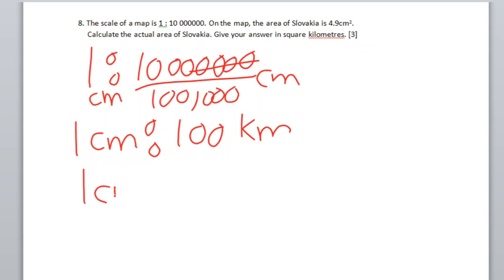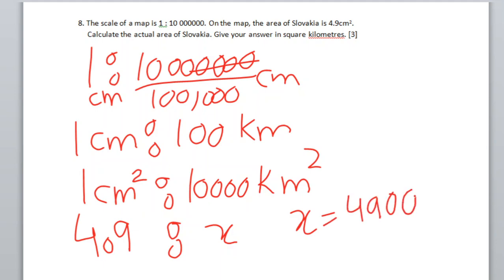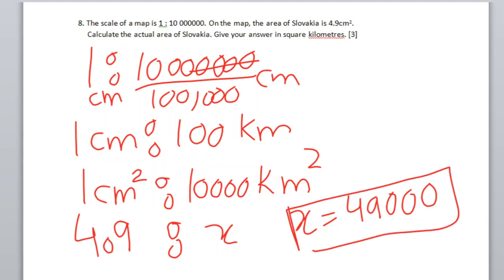So square both sides. 1 centimeter square ratio 10,000 kilometers square. Write 4.9 underneath 1 and write x underneath 10,000. So the answer will be 49,000, and the unit is kilometers square.